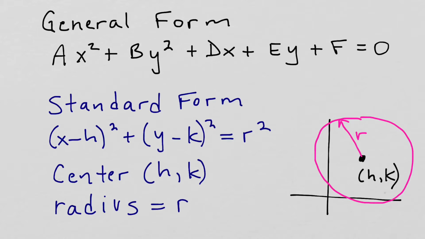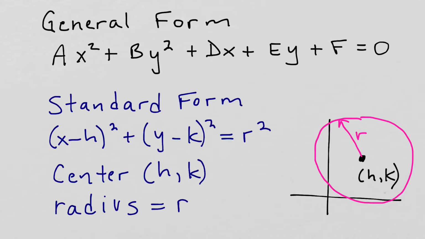All right, so how do we recognize when we have a circle if we're just given this equation here? Well, one of the skills we want to develop is how to look at the general form and know which conic section we have. Do we have a circle, a parabola, a hyperbola, or an ellipse? We're just going to talk about circles right now in this video.